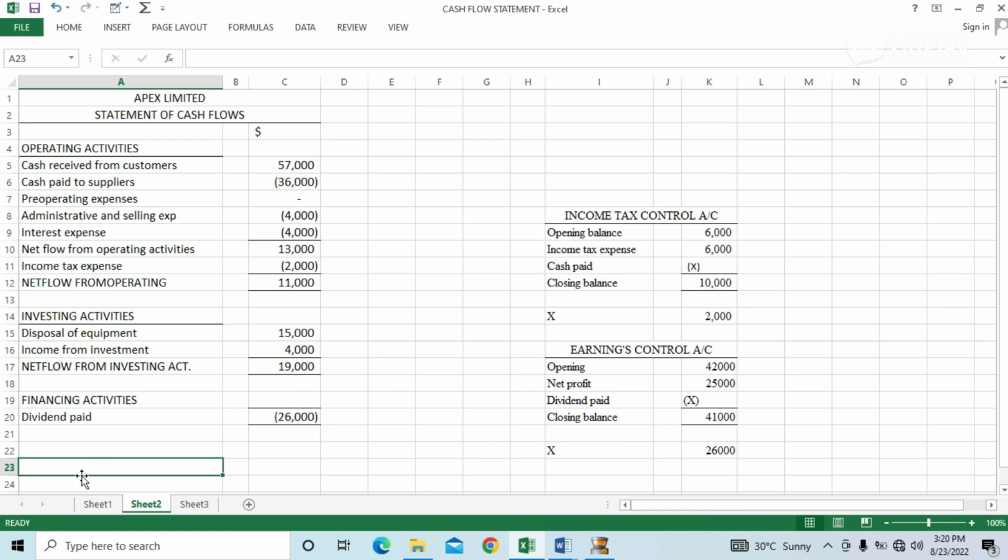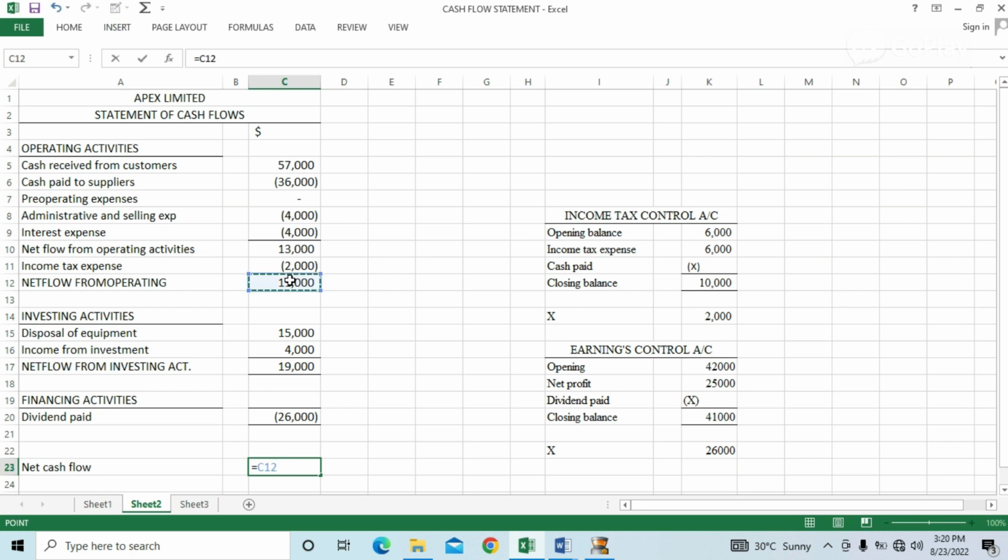At the summary session, we are going to look at the net cash flow. How much is the net cash flow? The net cash flow is the sum of the net cash flow from operating, investing, and financing activities. So we are going to add these 3 to get our net cash flow. So I'm going to add the net from operating, which is here.